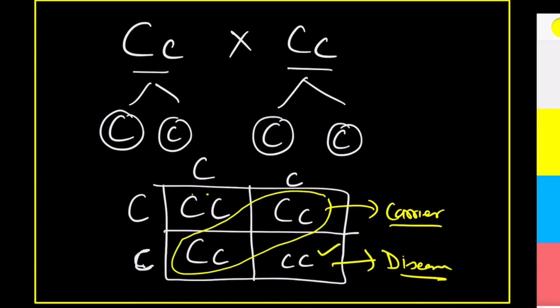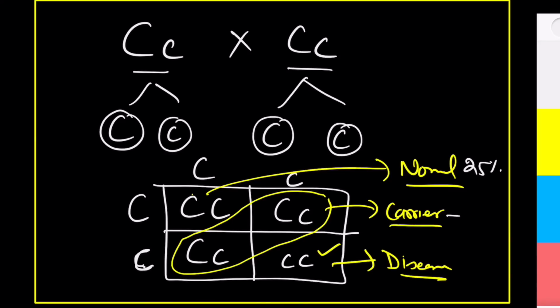They can have a normal life. Yes, this one is going to have a normal life. So here you can calculate that 25% will be normal, 50% are going to act like carriers, and again 25% are going to suffer from the disease.